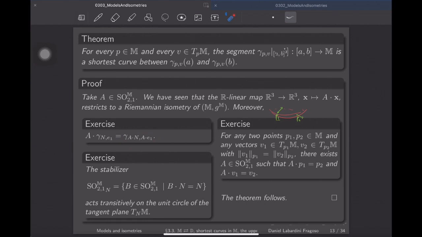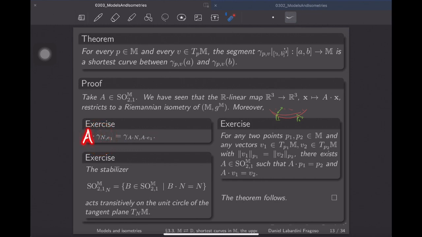Okay, but that means that any of my candidate curves can be seen, of course, with a unit vector. Right now I'm arguing only where the vector chosen has norm 1. But that candidate curve is A of the curve I already studied.